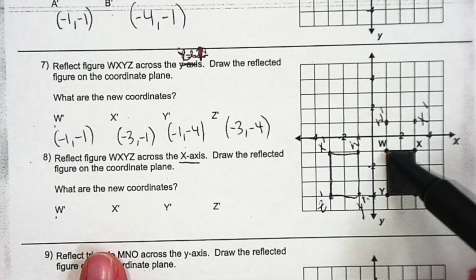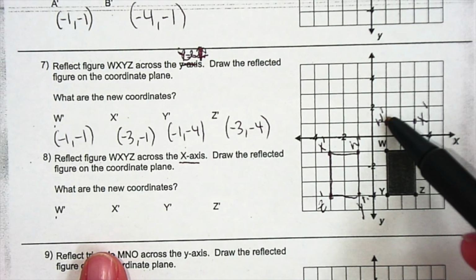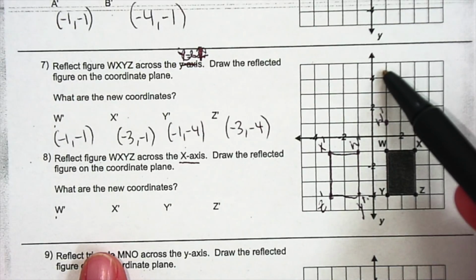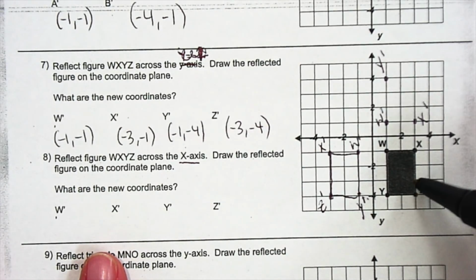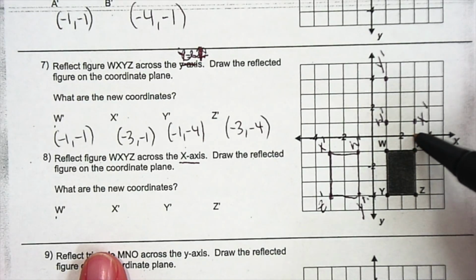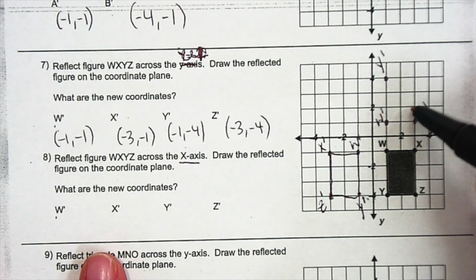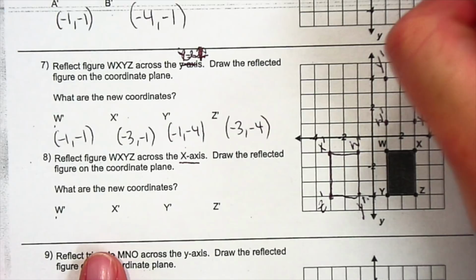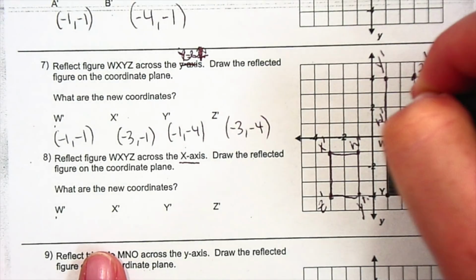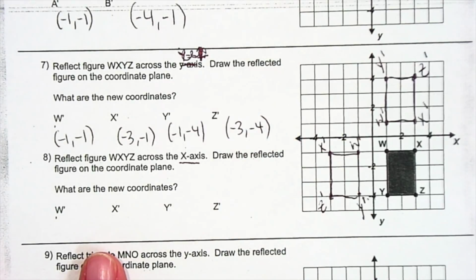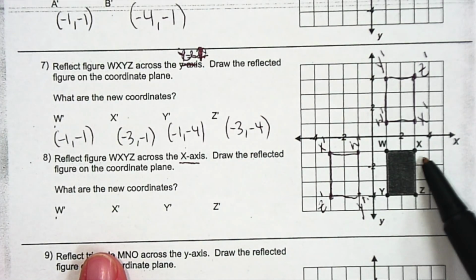Y, up 1, 2, 3, 4. 1, 2, 3, 4. And Z, up 1, 2, 3, 4. 1, 2, 3, 4. So it should be the exact same shape, just kind of reversed and flipped over on itself.